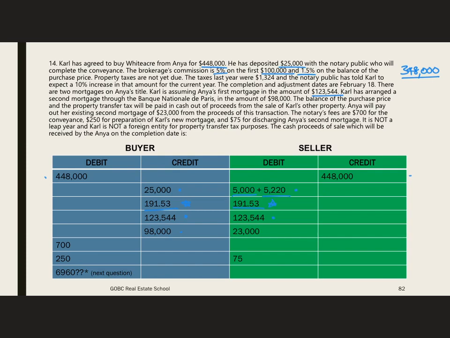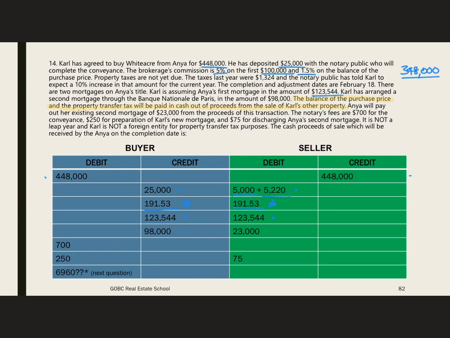The balance of the purchase price and the property transfer tax will be paid out in cash out of the proceeds from the sale of Carl's other property. Now, this one is a little bit tricky here. I just want to make sure that you pay attention to this part. A lot of people say, well, if it's not going to be paid from this transaction, then I shouldn't put it on these statements.